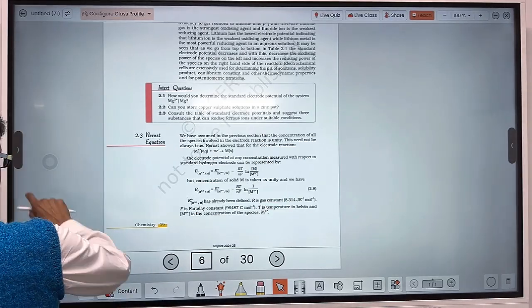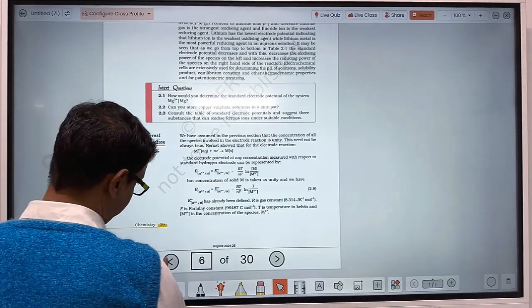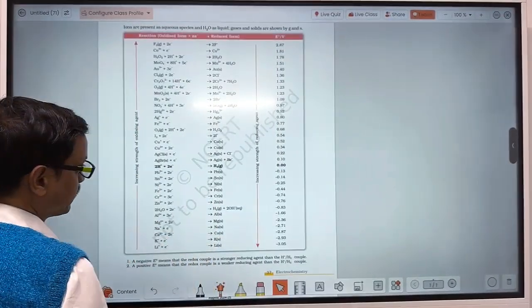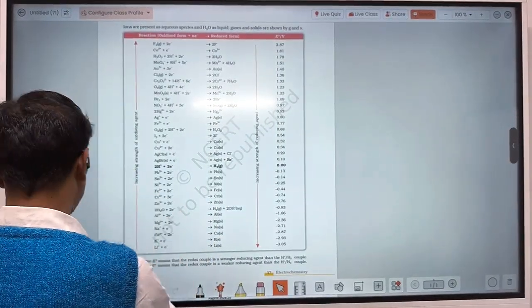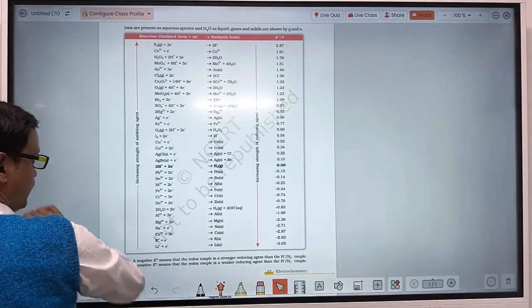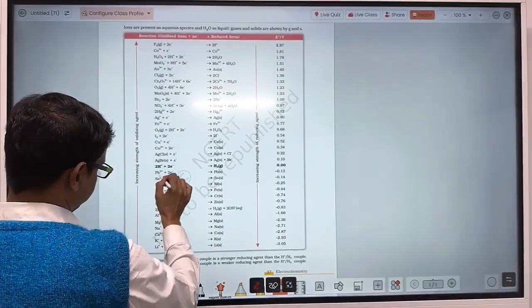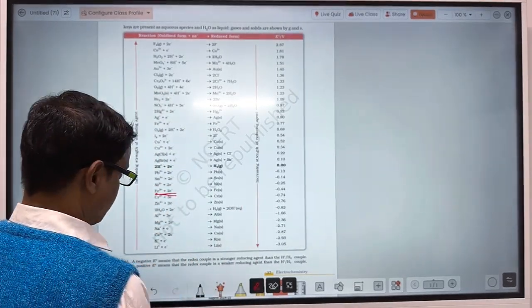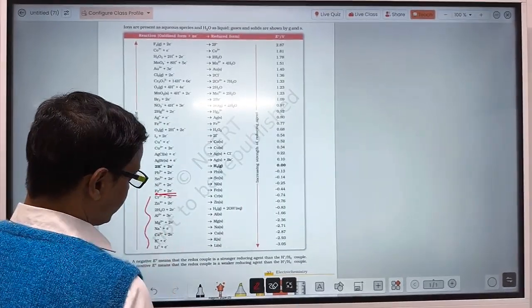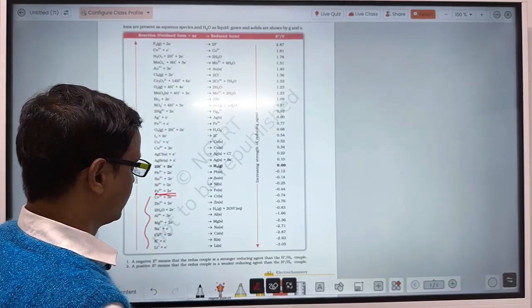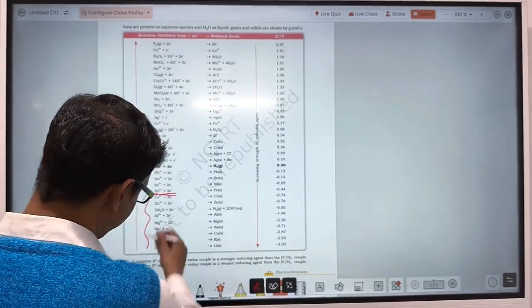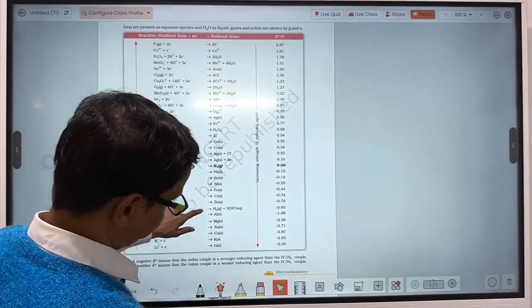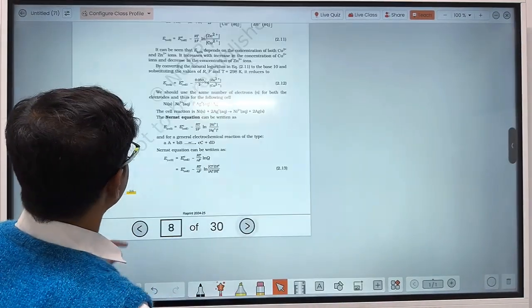Oxidize means the species itself will get reduced. So for Fe2+, the species above it in the table can oxidize it, reducing Fe2+ into Fe. So any 1, any 3, any 4, whatever is asked, you may write.